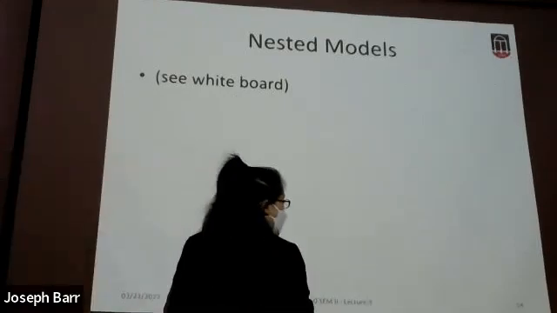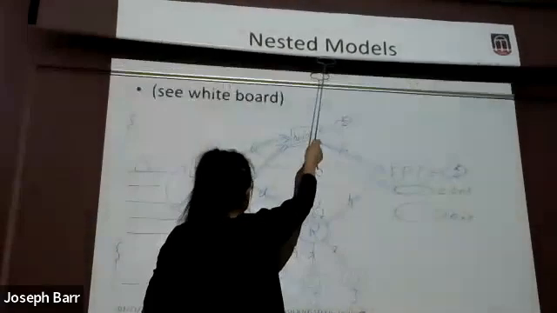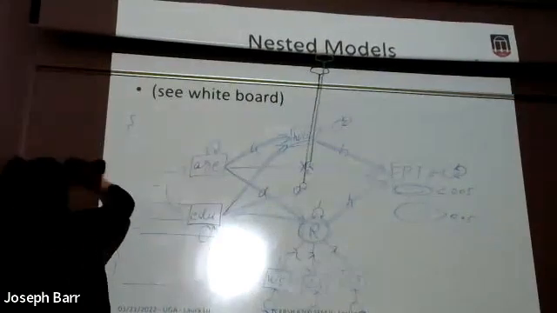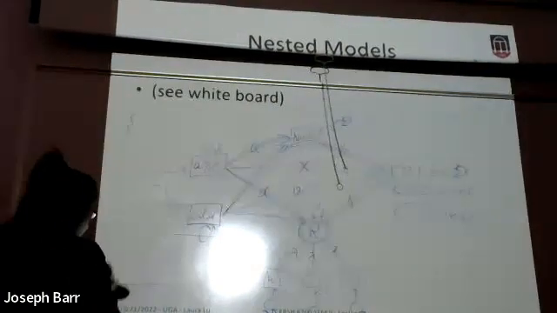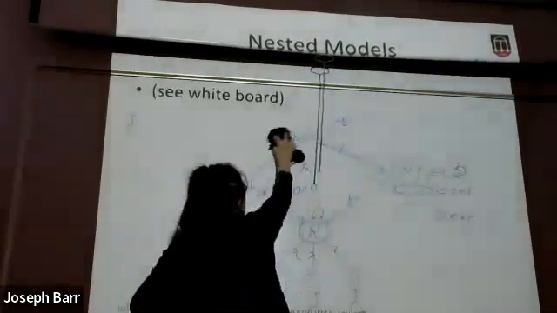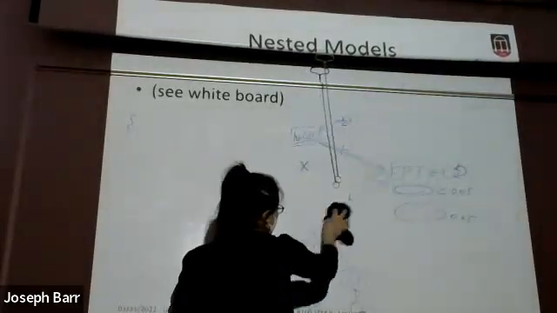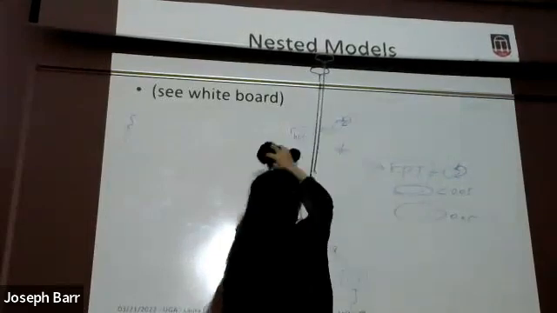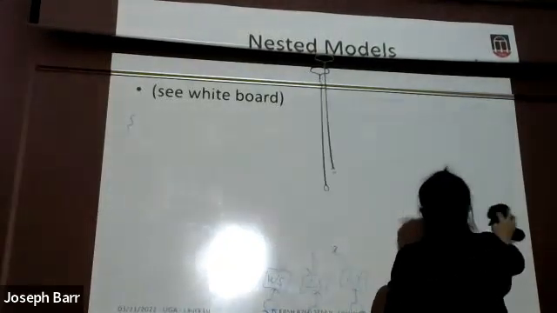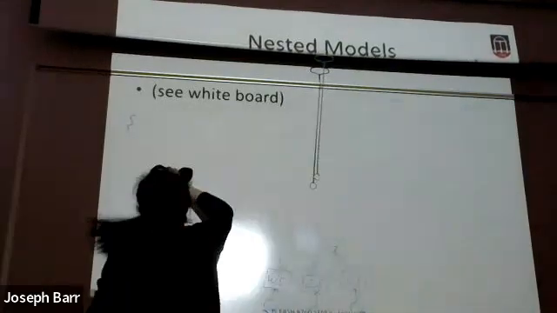What are nested models? This is just one of our possible models, and actually we have some other possible models. We're going to change the current model a little bit to use other possible models and do model comparison. So, nested model.